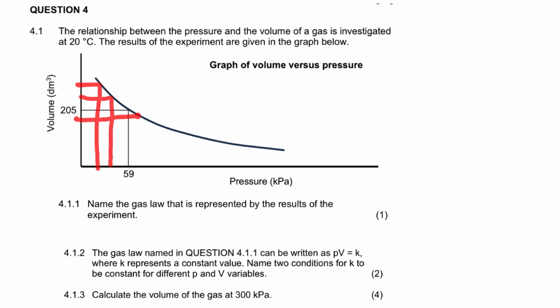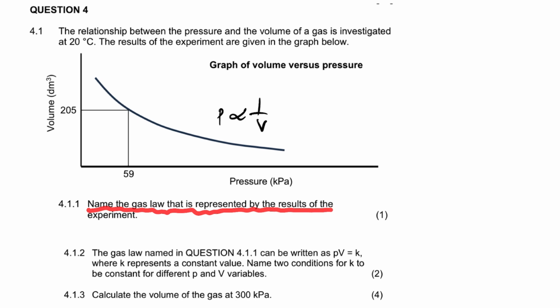So the pressure and the volume are inversely proportional at a constant temperature. Now it says name the gas law that is represented by the results of the graph. It's Boyle's law.